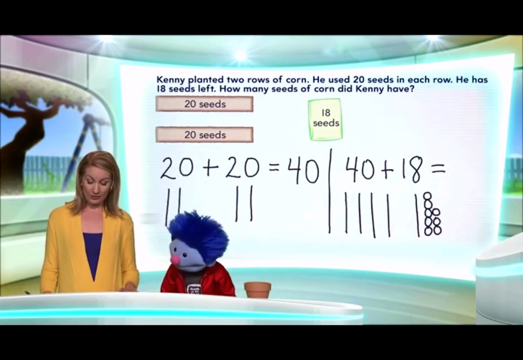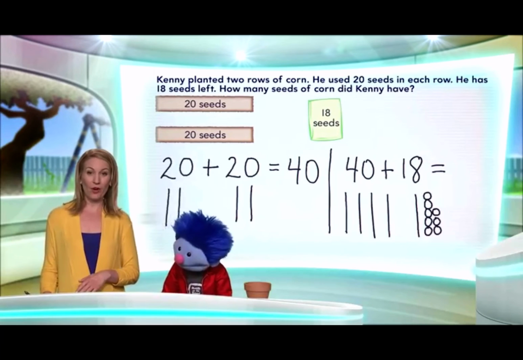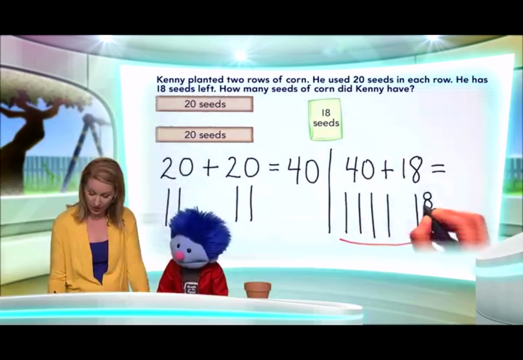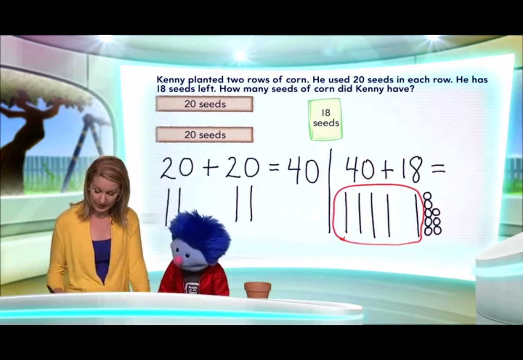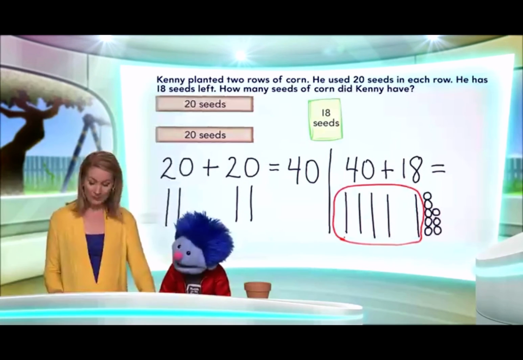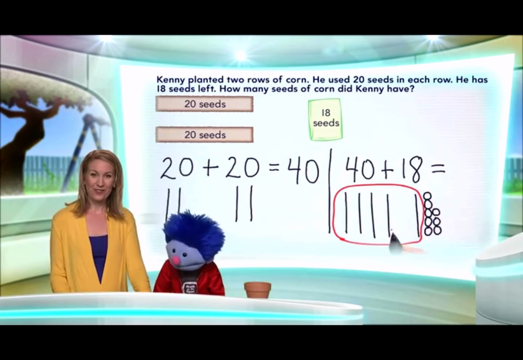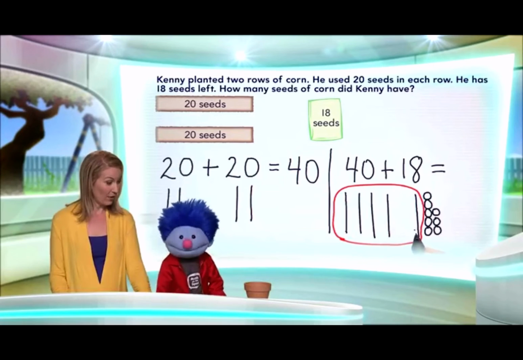Okay, now let's figure out how many tens we have all together. Let's count by 10, shall we? 10, 20, 30, 40, 50. There's 50.